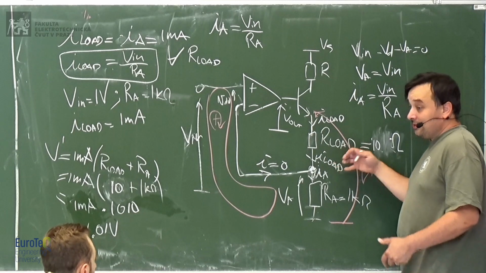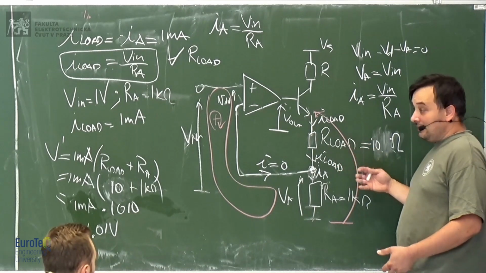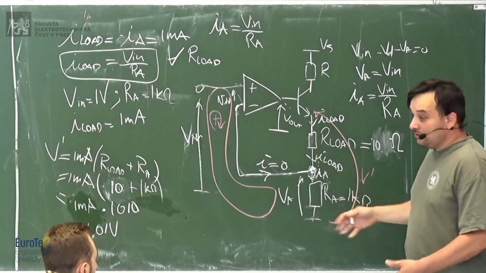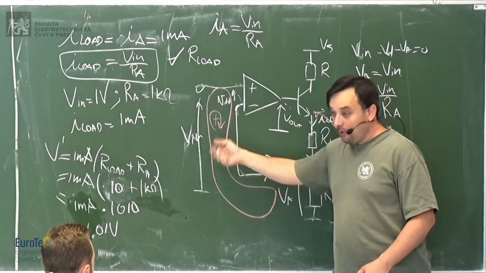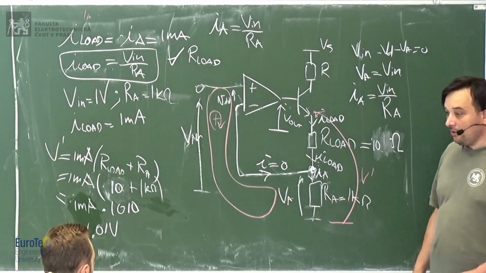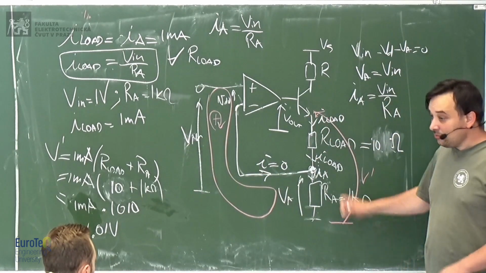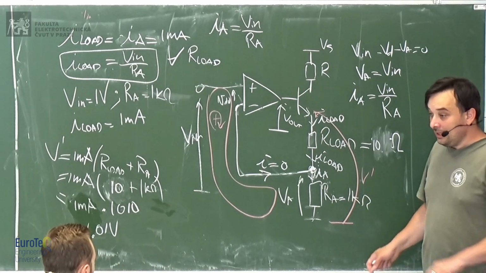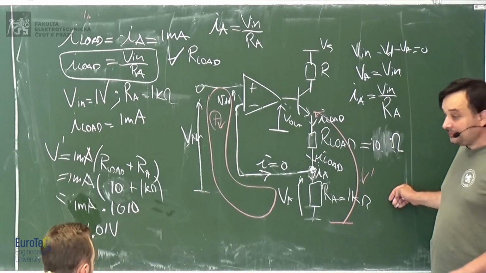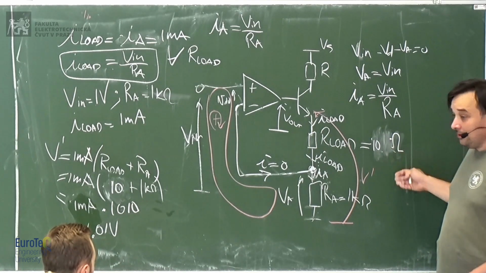So the current does not depend on the load. It depends only on the input voltage that you decide. You decide to have a current of 1 milliamp, fair enough. Put 1 volt here, 1 kilo ohm here, and you will get 1 milliamp. Okay? It's not affected by the load.